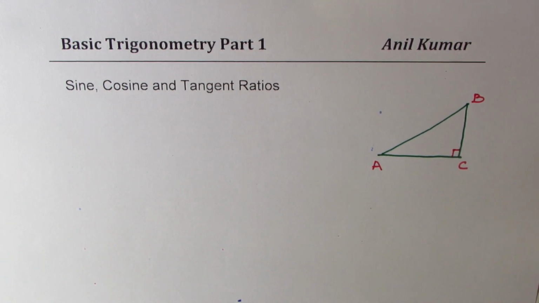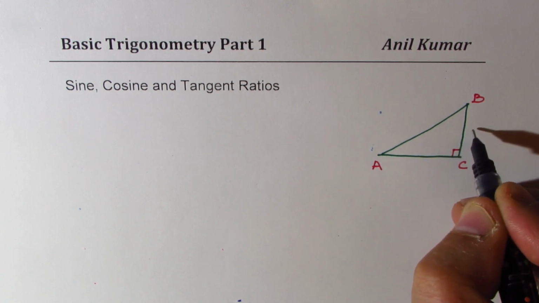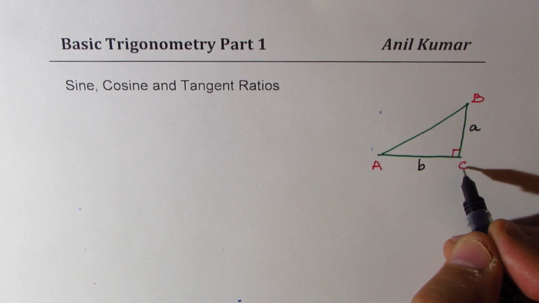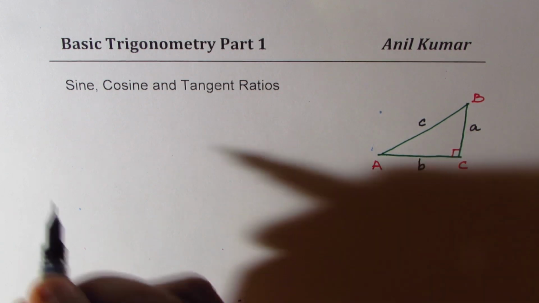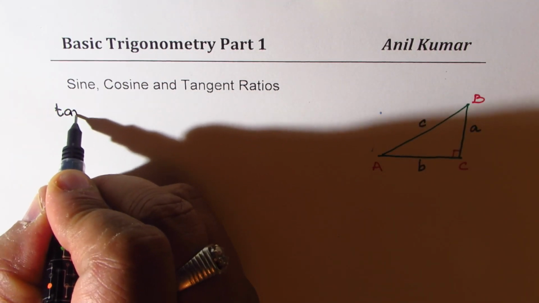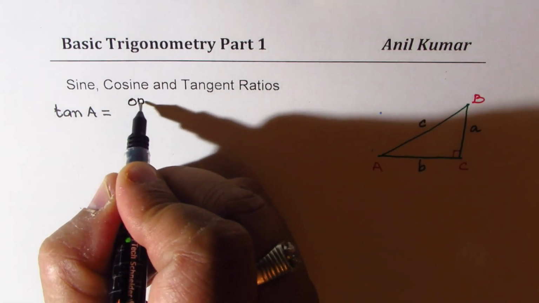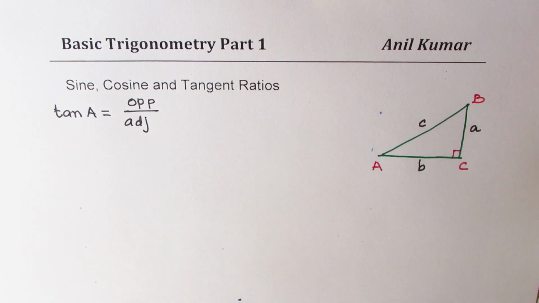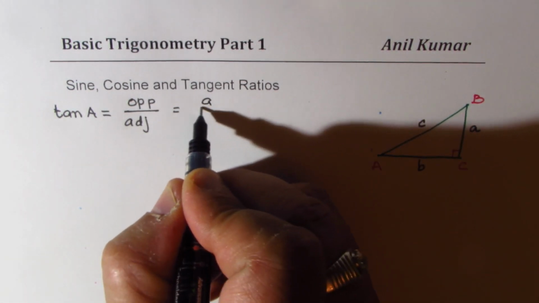In any right triangle, we'll label sides as follows: vertex A, the side opposite to A will be lowercase a, the side opposite to B will be lowercase b, and the side opposite to C will be lowercase c. From here, we already know that tan of angle A is equal to the opposite over the adjacent side, so it is equal to a over b.